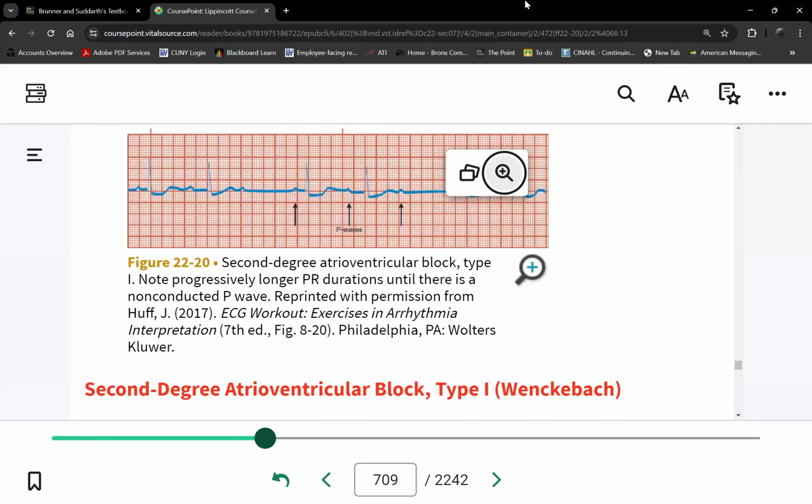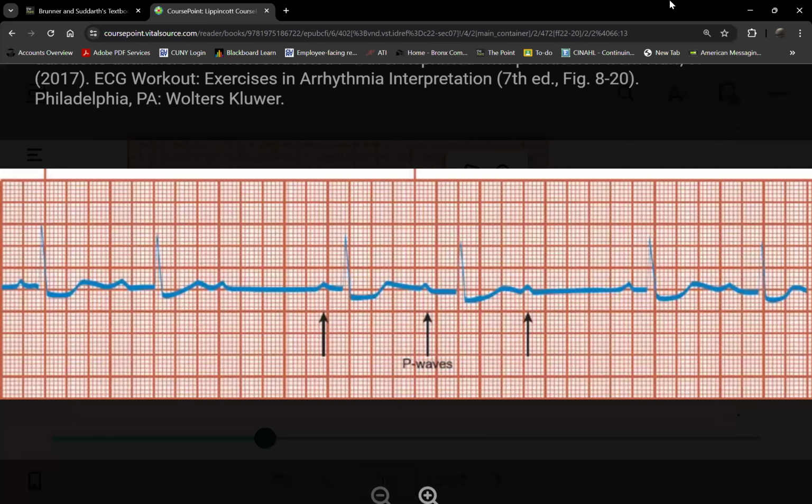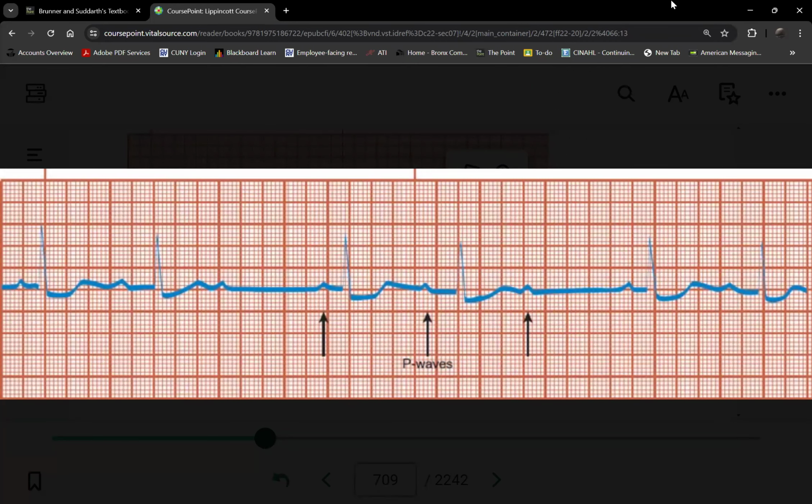The PR interval gets longer and longer. Then after that third long one, there will be a dropped QRS. There's a missing QRS here. See? It's a P, but then no QRS. And then the rhythm goes back to normal, P, QRST, QRST, right?